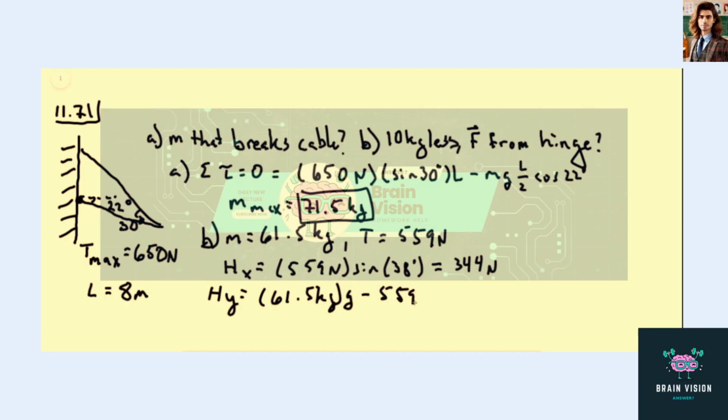So 559 newtons times the cosine of 38 degrees. And so this is equal to 162 newtons.